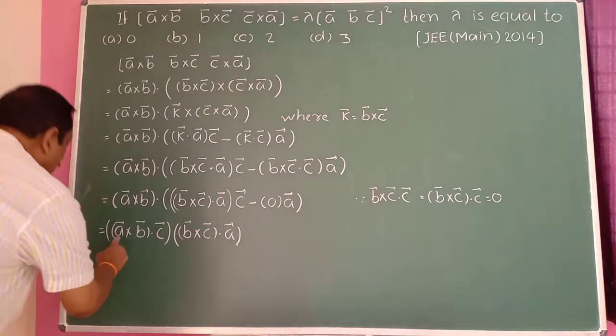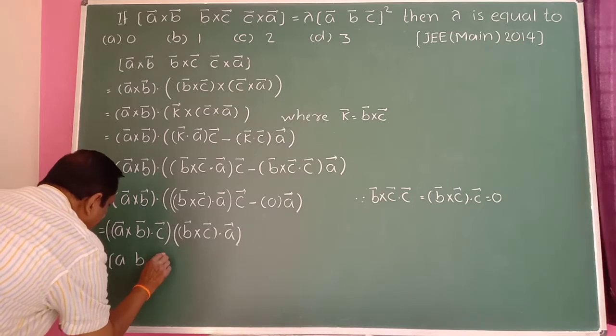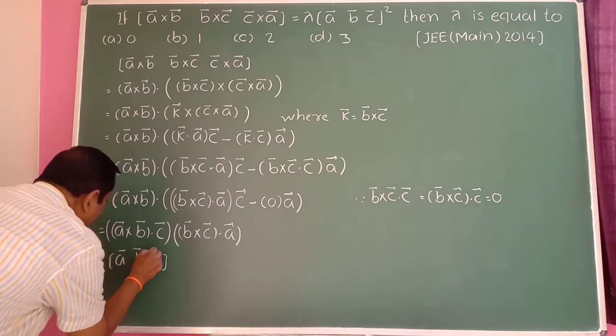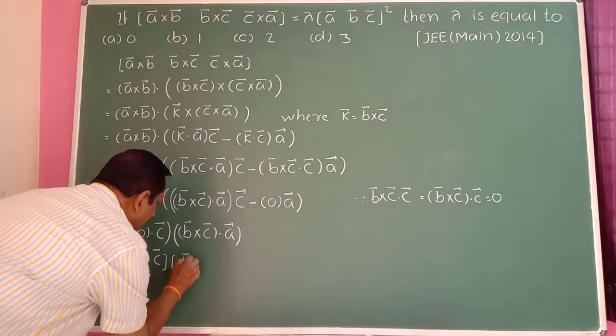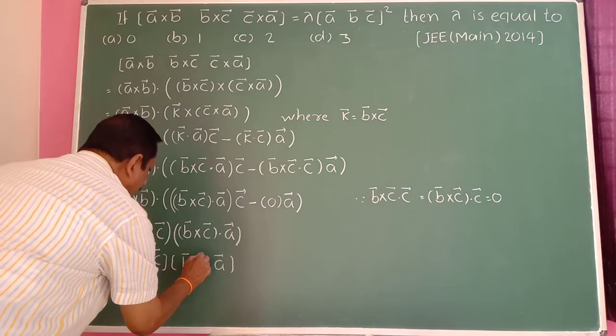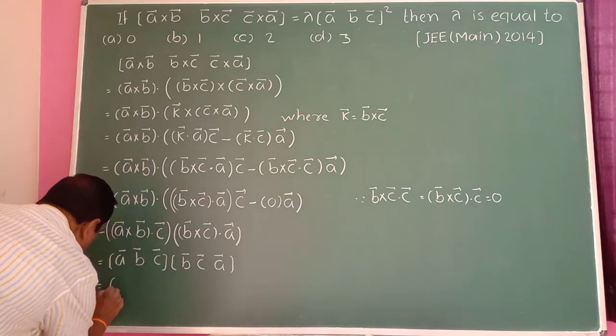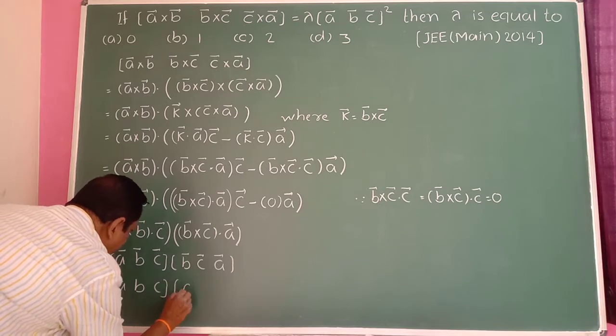Yes, this is equal to what here? The scalar triple product ABC. Even this is also the scalar triple product BCA. Therefore this is equal to ABC, the scalar triple product ABC.